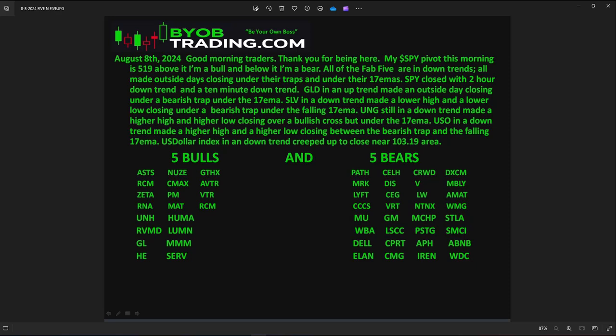USO still in a downtrend, made a higher high and a higher low, closing between the bearish trap and the falling 17 EMA. US dollar index in a downtrend, keeps creeping up close, keeps creeping up. It closed near 103.19 area.